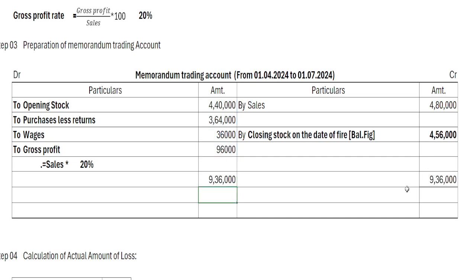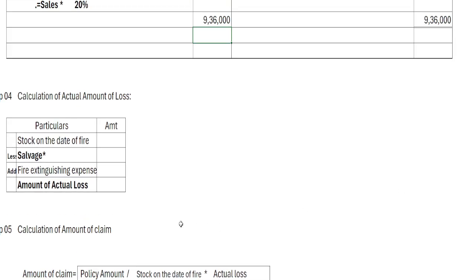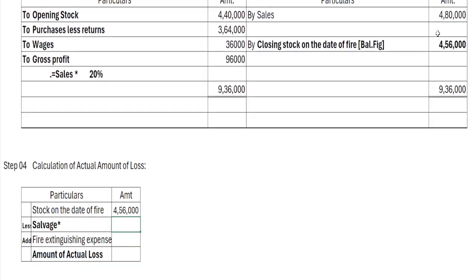Then 4 lakh 56,000 is the closing stock on the date of fire.